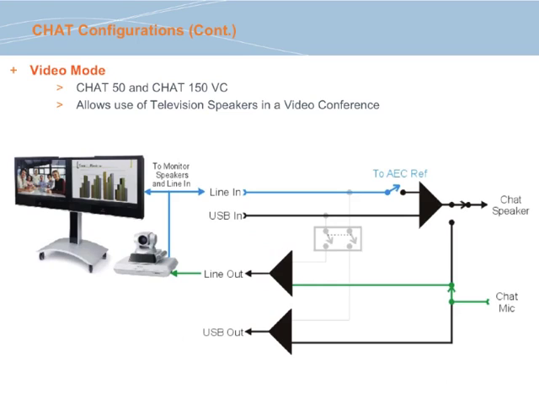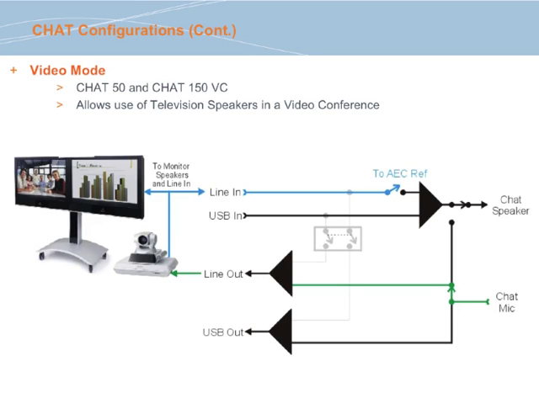The Chat50 and Chat150 VC also have a feature called Video Mode. When selected, Video Mode allows the audio from the far end of the video conference call to be connected to the TV speakers instead of the chat speaker. As shown in this line diagram, line-in audio, receive audio from the video conference system, is not routed to the chat speaker.